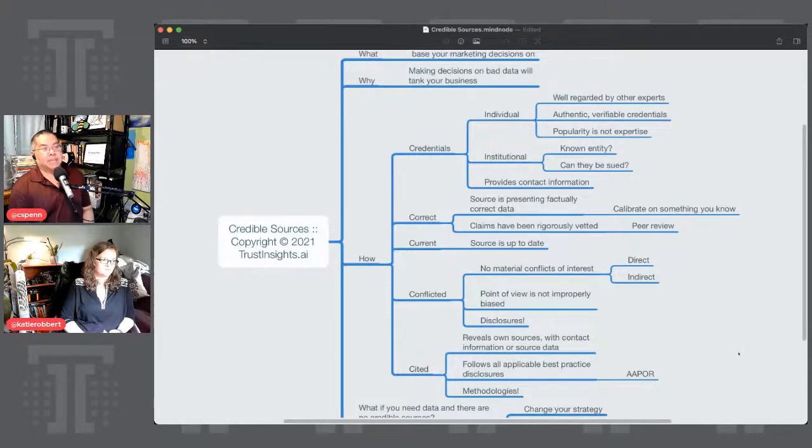The data came from me, and then I have to acknowledge the biases of the people who are on my list. Because for example, if I'm making broad statements about how marketers feel about analytics, well, my audience is inherently biased towards people who are more analytical. Therefore, I can't make a broad assumption that what people say is true.